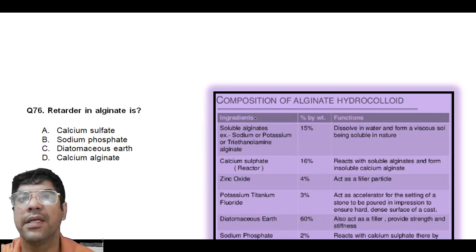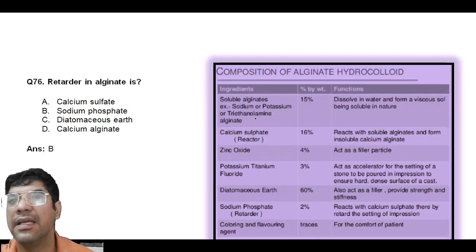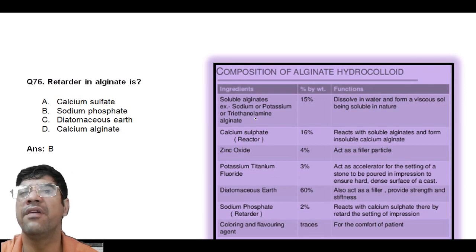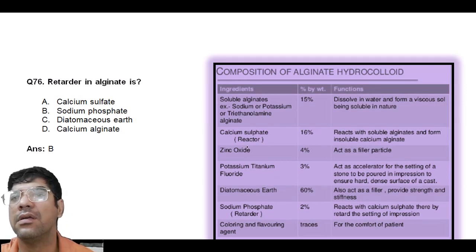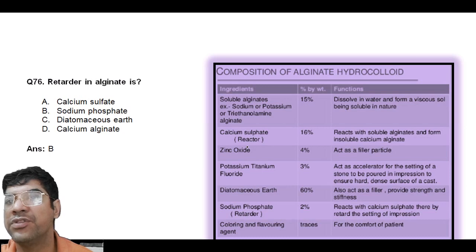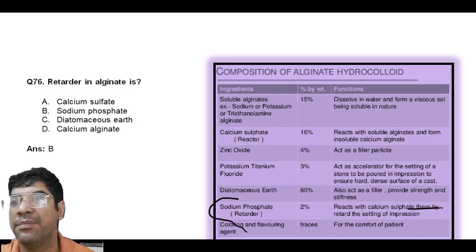The retarder in alginate is sodium phosphate. Sodium phosphate in alginate acts as a retarder. It reacts with the calcium sulfate, thereby retarding the setting of the impression.